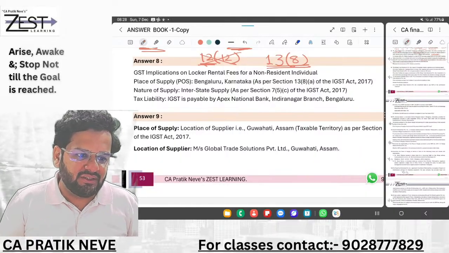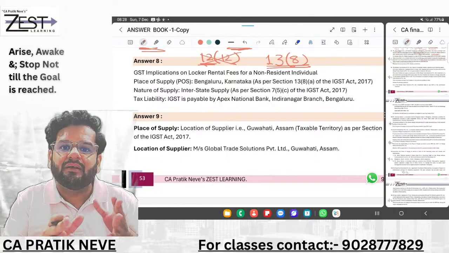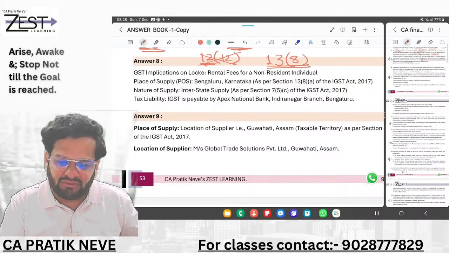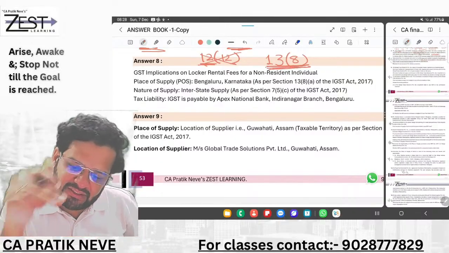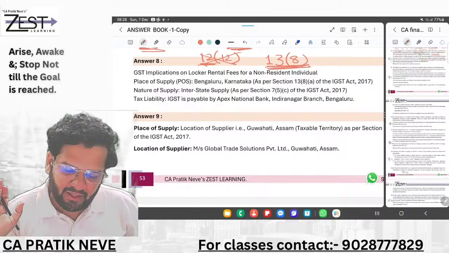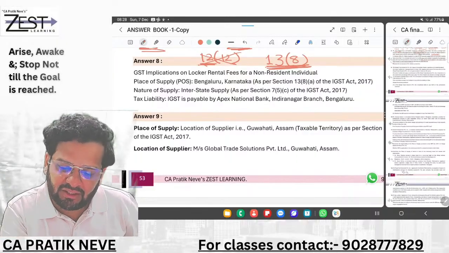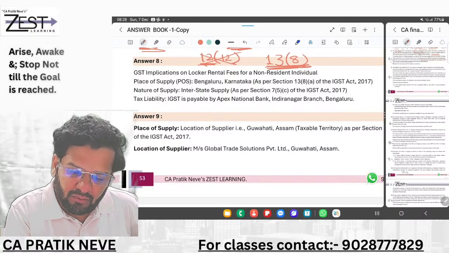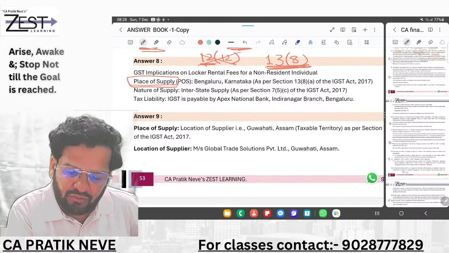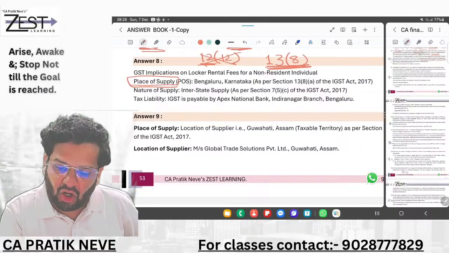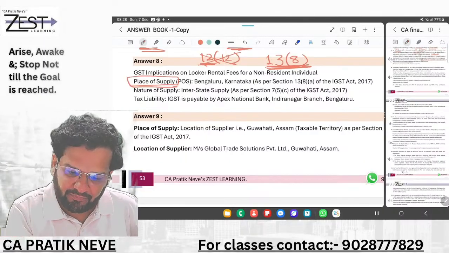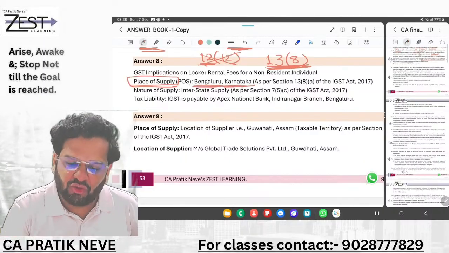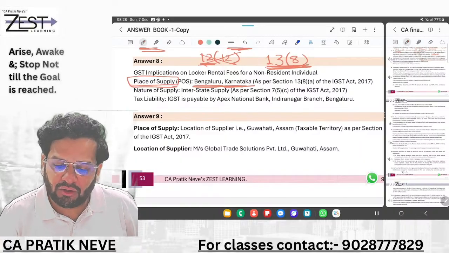And of course, in 13, either supplier or recipient of supply is outside India. Yes, that's why we are going to 13. And in 13(8), place of supply here will be location of that bank. That is the place of supply. So, location of bank is what?